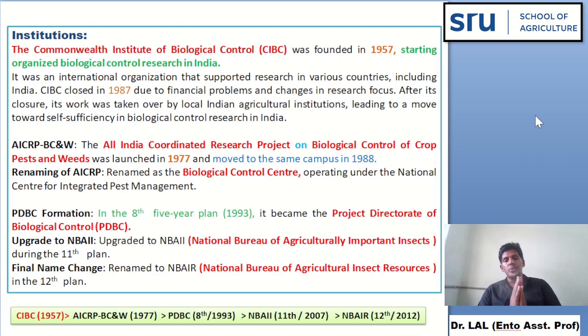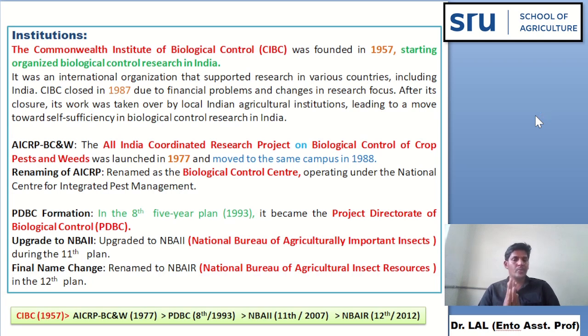What is the institute which is associated with biological control? That is the Commonwealth Institute of Biological Control. It was founded in the year 1957. This institute started the organized biocontrol research in India.